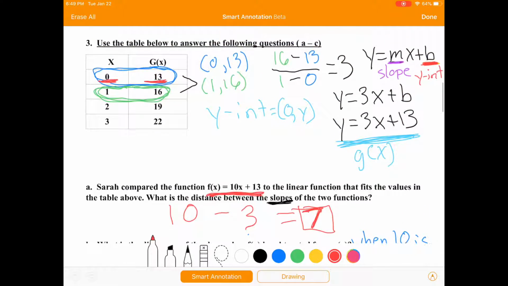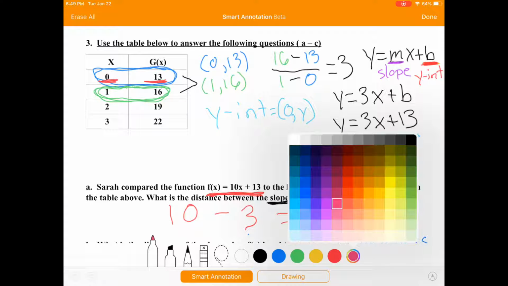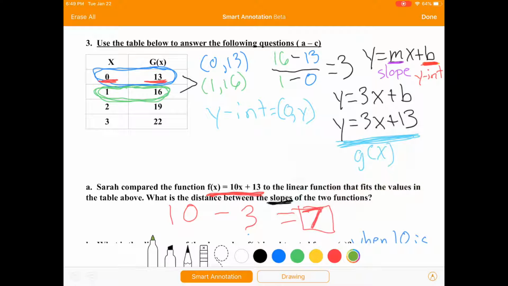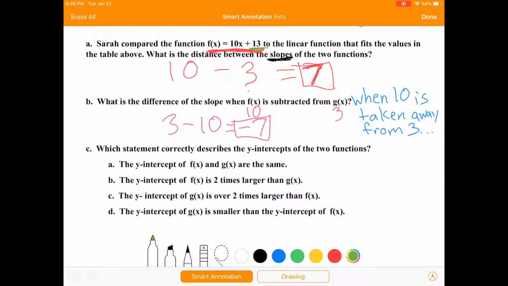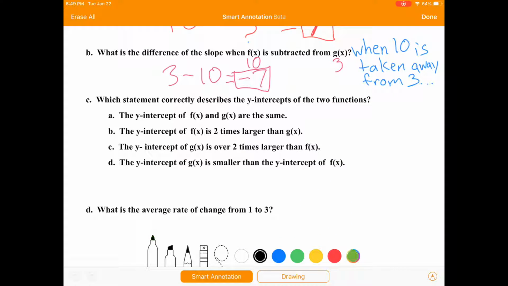So we've got 13 here, and 13 also for f of x. So we are going to choose A because both of them are 13.